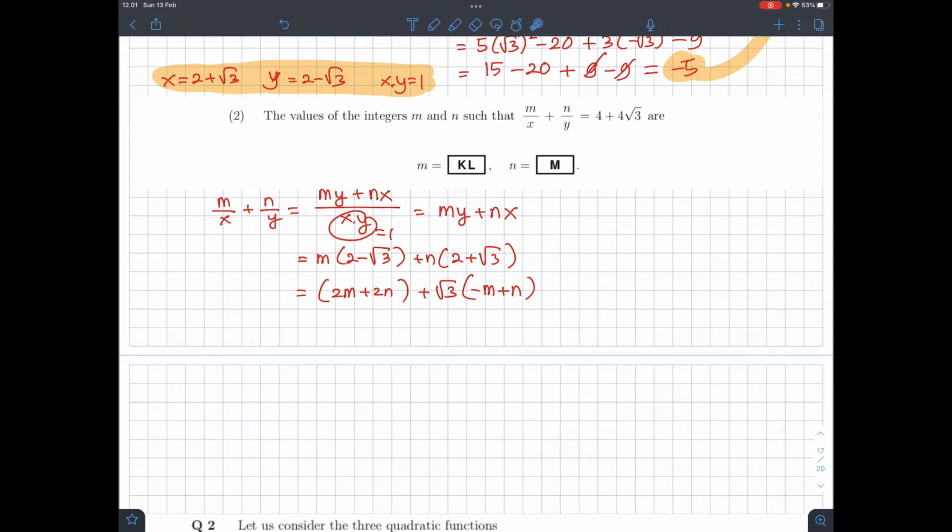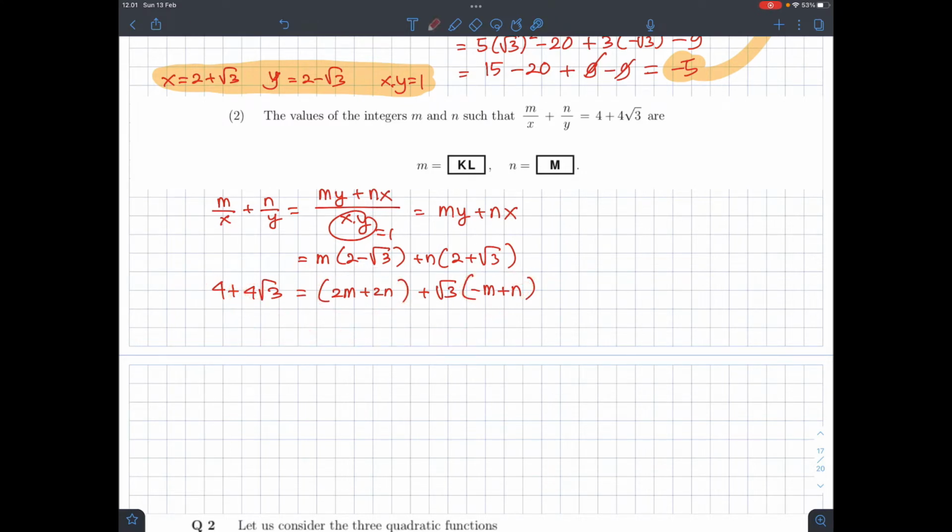in this the problem says you have this one. This value is already known, this one, 4 plus 4 square root of 3. So you just pair this equation, this with this one and this with 4.